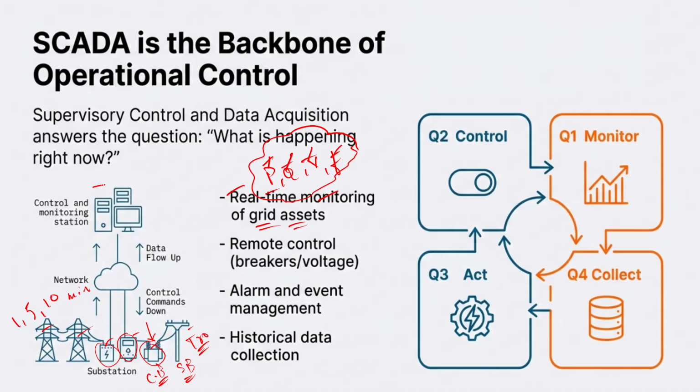Everything can be done from the control and monitoring station, where the SCADA software is running, and this will give the command to the circuit breaker to open or close automatically. No physical intervention is required. The operator can break or make the circuit without going there. This is what we are having.